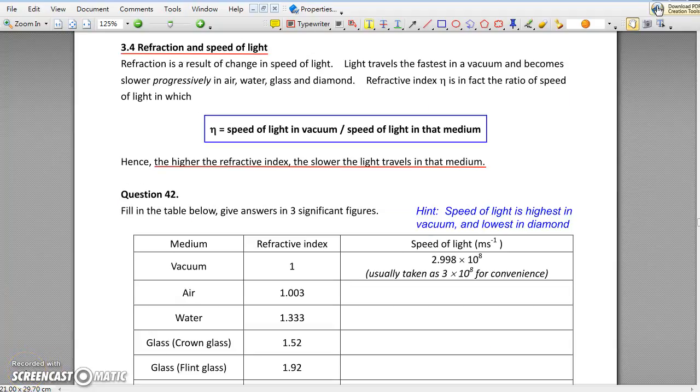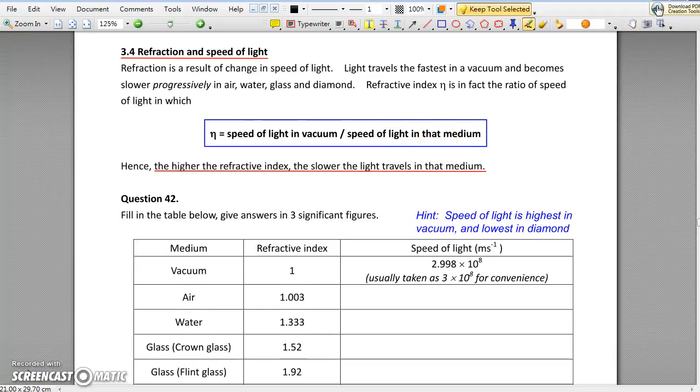And now let's move on to the second part, refraction and the speed of light. The refractive index is indeed a ratio of the speed of light in vacuum and the speed of light in that medium. Simply speaking, when the refractive index is higher, when this number is larger, then the light speed in that medium would be lower. Well, how to use that formula?